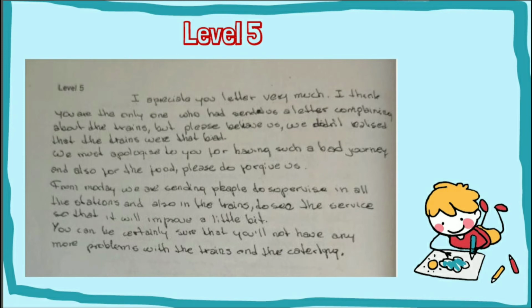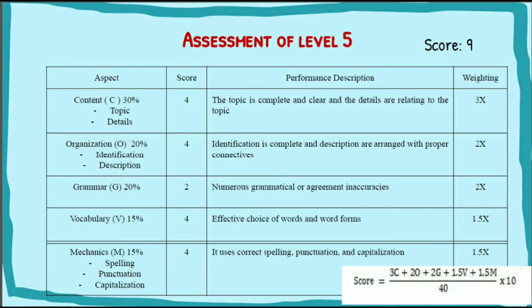Well, this is the level 8 writing, and for the assessment of the level 5 writing, we can continue to the next slide. Okay, the rubric we use to assess this level 5 writing is adopted from Brown 2007.